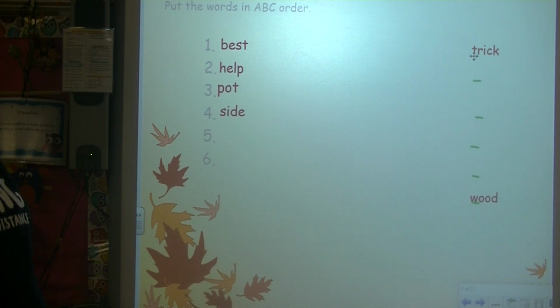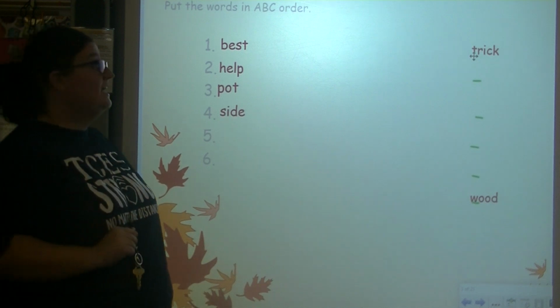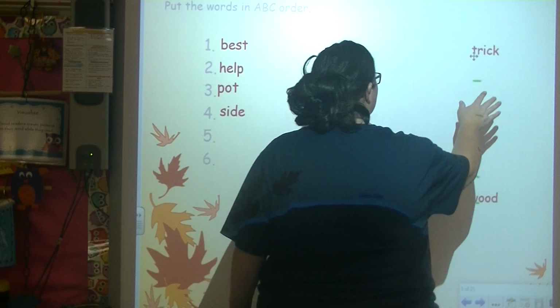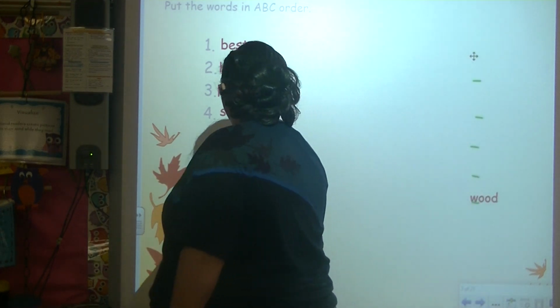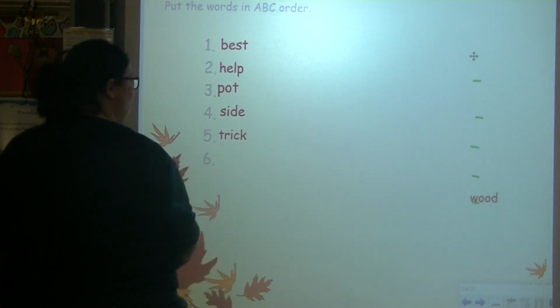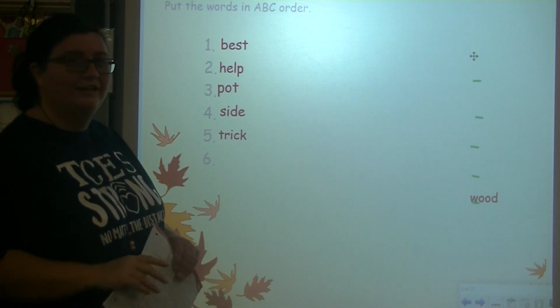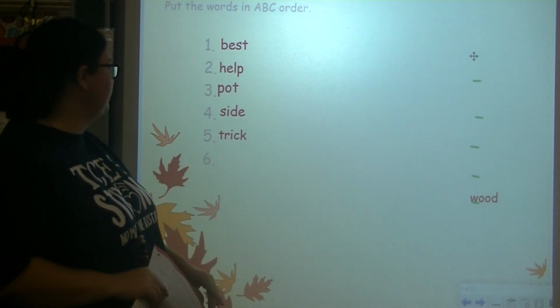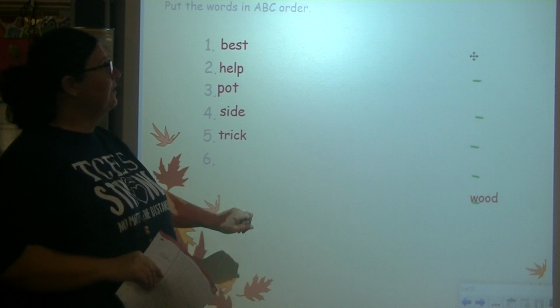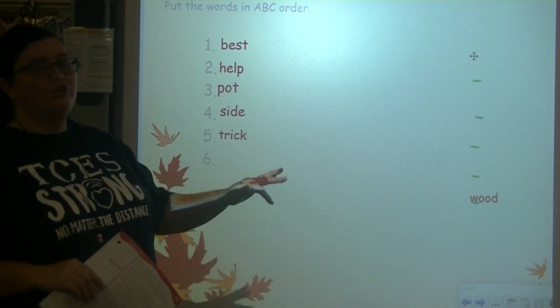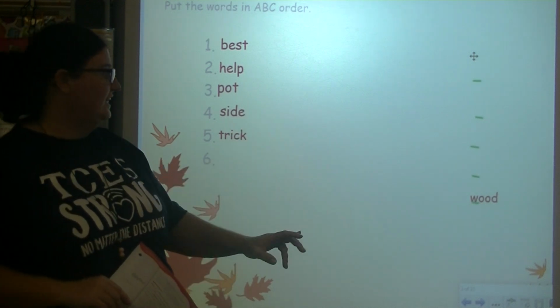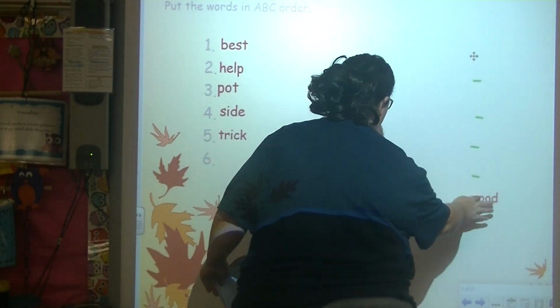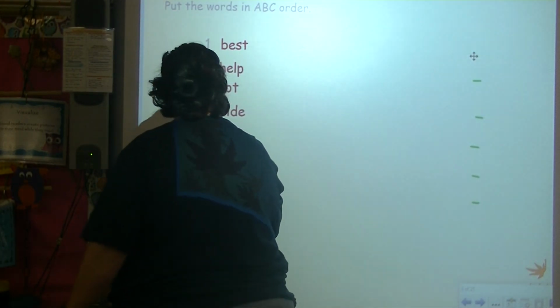T. Is there a T word? Yes. What is it? Trick. So our last word will be wood, W. What comes after T? U, V, and then W will be our last one.